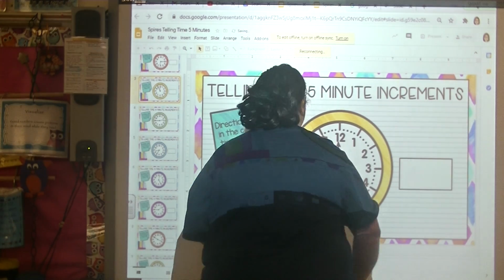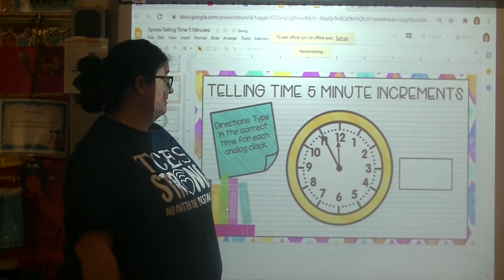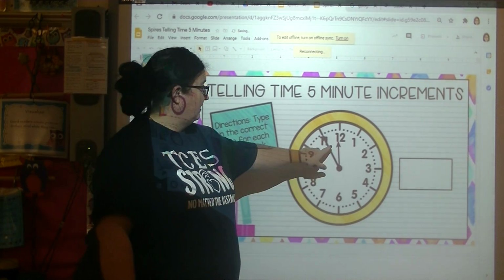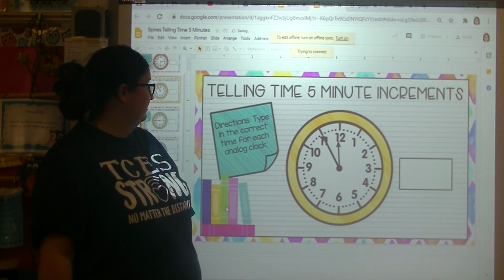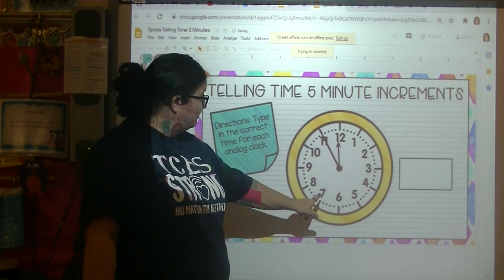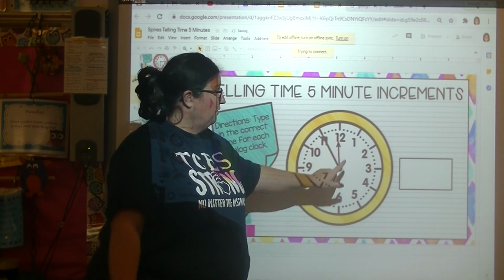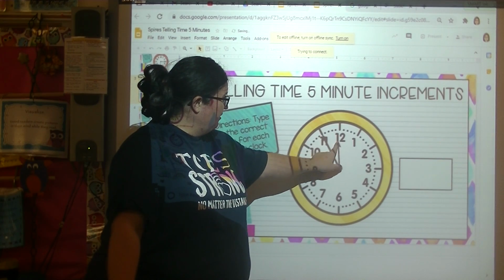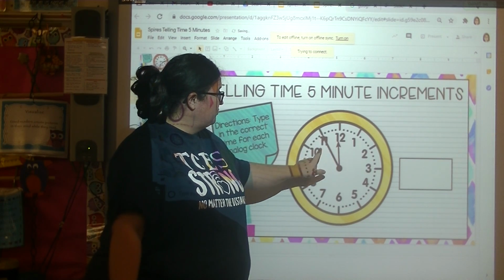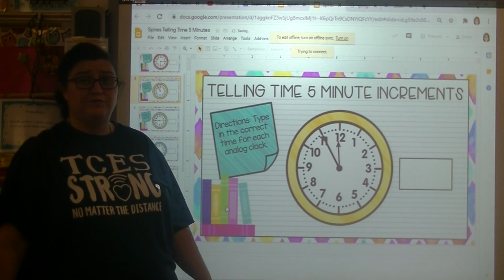Try the next one. Now look carefully. Where's your hour hand? That's your short hand. Where's our short hand pointing? Alright, short hand looks like it's right on the 12, doesn't it? It's not quite on the 12 though. It's between the 11 and the 12. Almost on the 12.